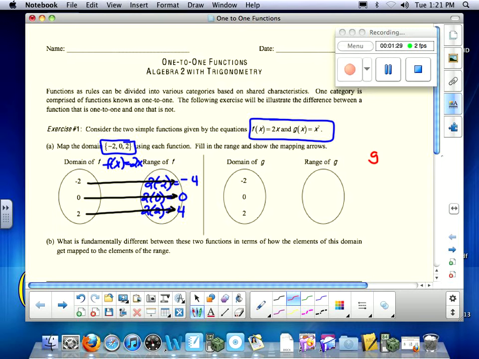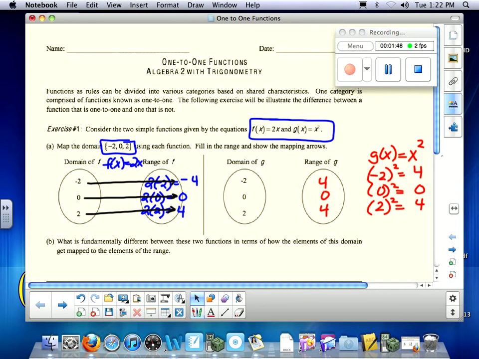So our g of x is equal to x squared. So I need to know what negative 2 squared is, 0 squared, and 2 squared. So again, in the range bubble, we just put, oh, look at that.